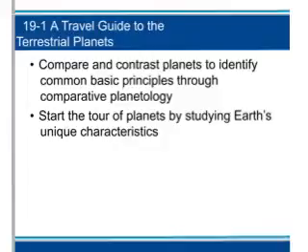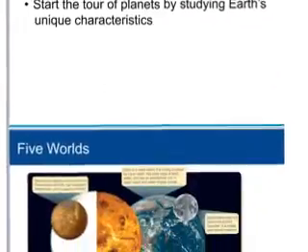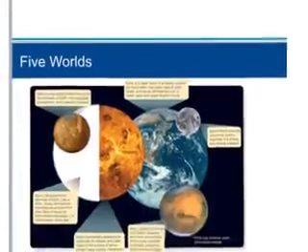When you're comparing and contrasting planets to identify commonality, that's called comparative planetology. I should have capitalized that. That's a branch of astronomy. We're going to start this tour, our exploration of the planets, by studying the Earth first and its unique characteristics.